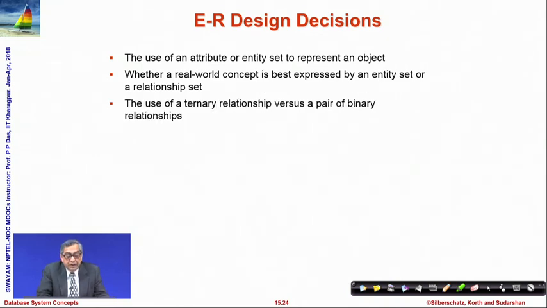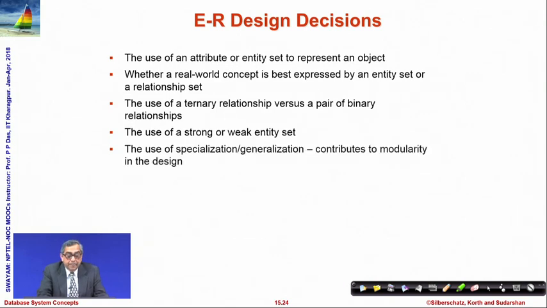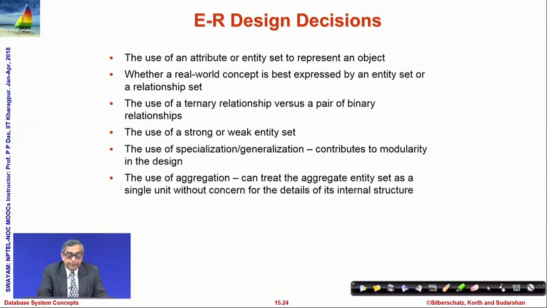The use of ternary relationship versus the pair of binary relationship, this trade off will have to be weighed as a design consideration. We have to look into the use of strong or weak entity set. So, we will have to identify the weak entity sets and see if they should be represented through the identifying relation as against a strong entity set. We have to identify the specialization generalization situation, so that we can get more specific information and create appropriate modularity in the design.